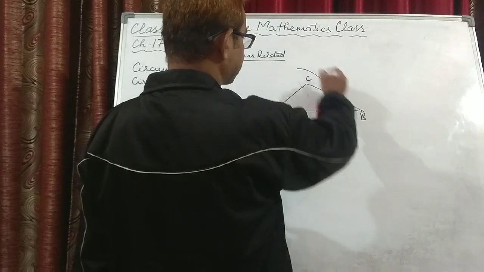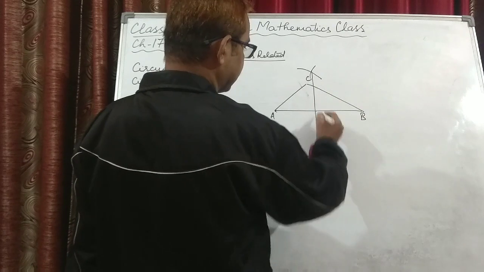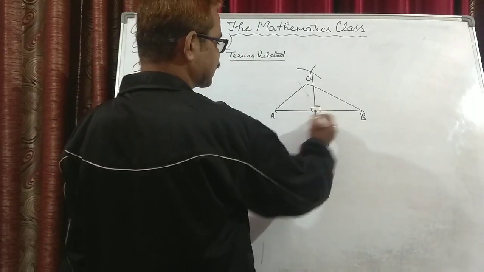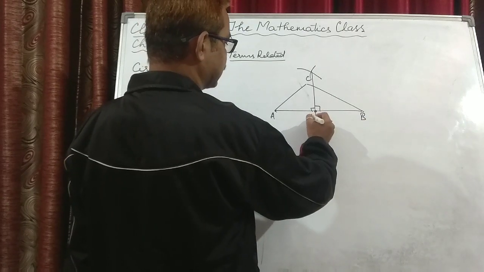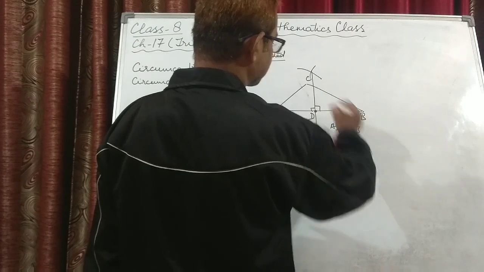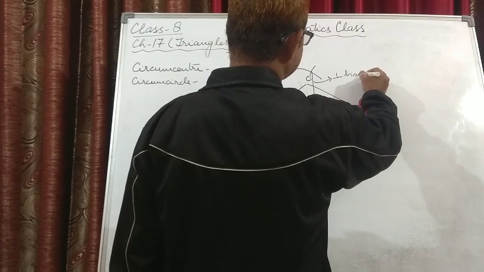From point B with the same measurement, cut an arc here and cut an arc here. So this line is perpendicular as well as it bisects AB into two equal parts. Let's say D. So here AD will be equal to DB. So this line is known as the perpendicular bisector.